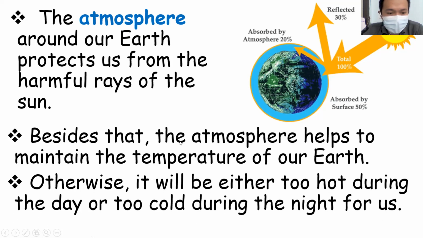Otherwise, it will be either too hot during the day or too cold during the night if there is no layer. If there is no layer, what will happen? It will be very, very hot.